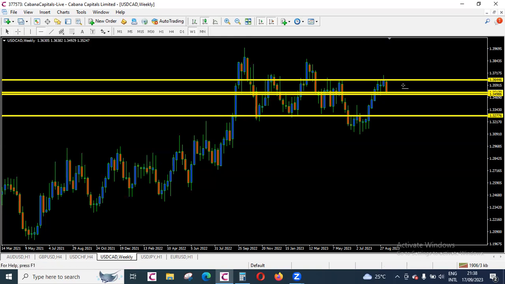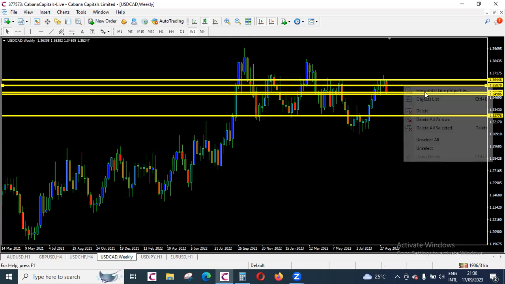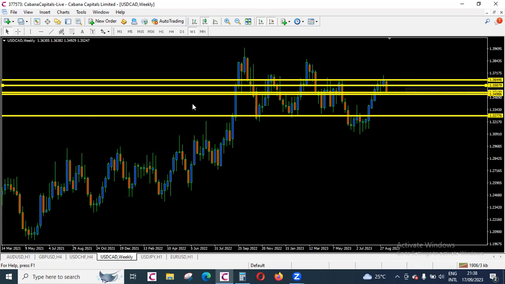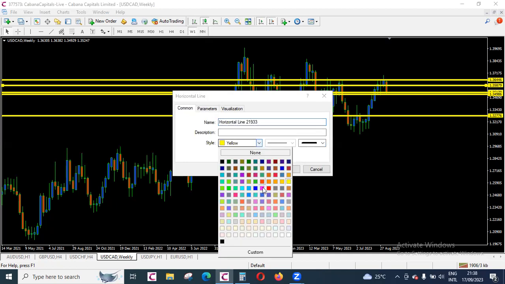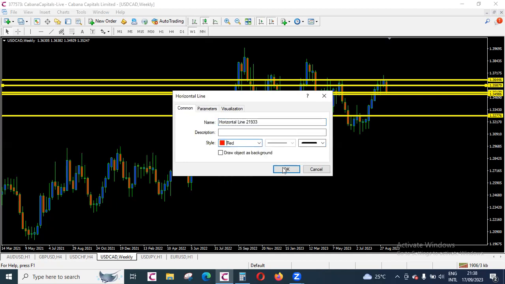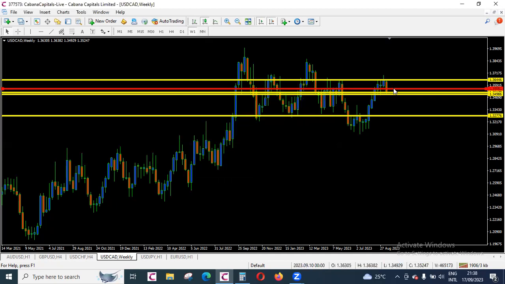That's our pivot. So if you are considering buying, a candle should close above the pivots. Okay, so these are pivots. If you are considering buying, wait for a candle to close above the pivots.